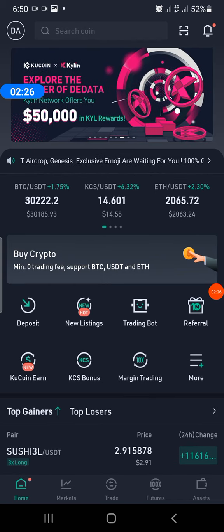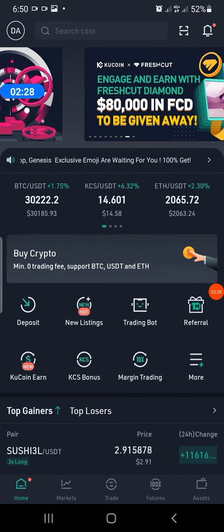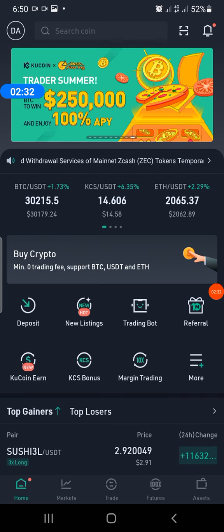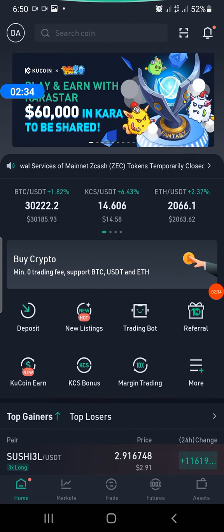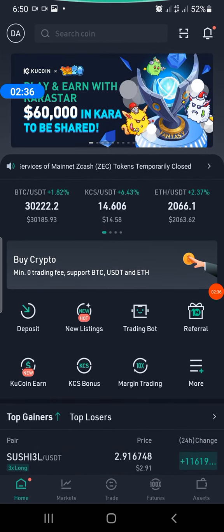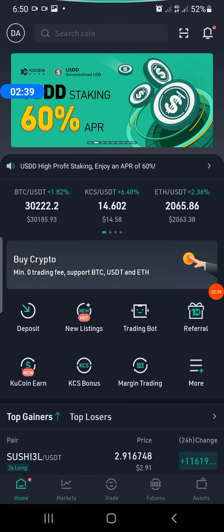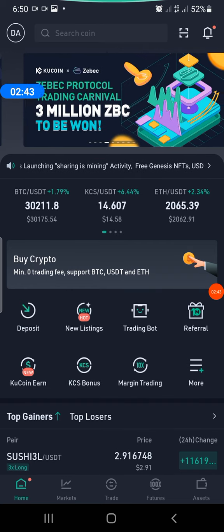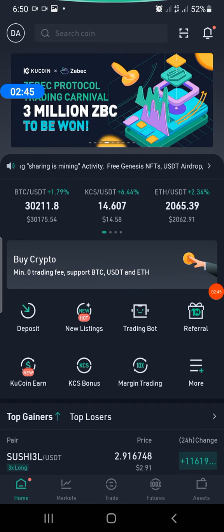So in futures trading, like I normally tell people, futures trading is just like gambling. Futures trading is actually the prediction of the future price of a particular coin or digital currency. Here you don't actually purchase the coin, just like we do in spot trading.